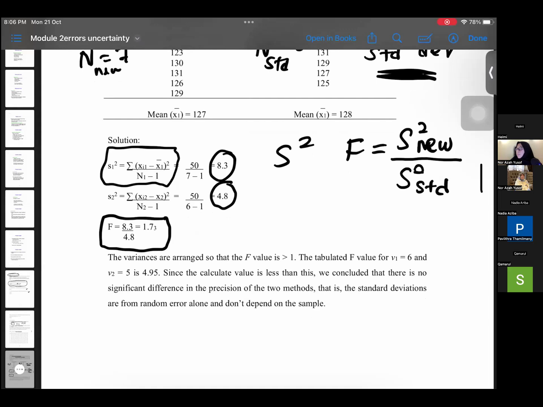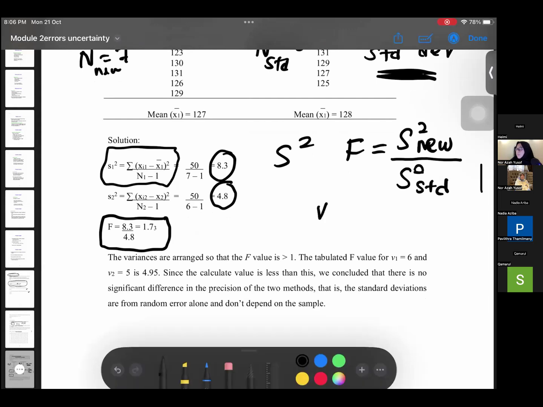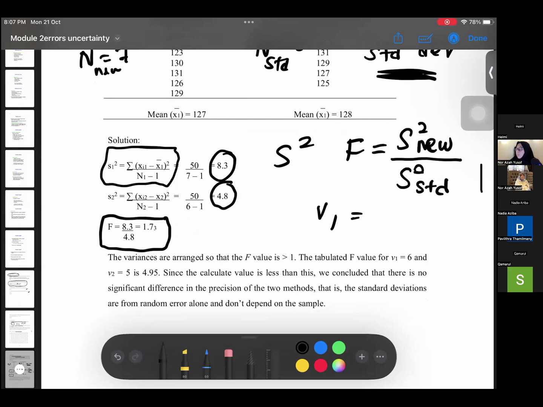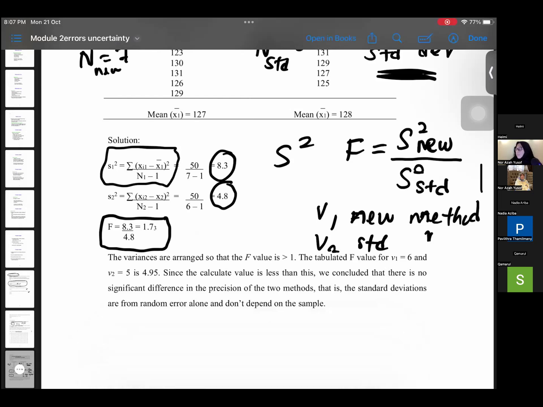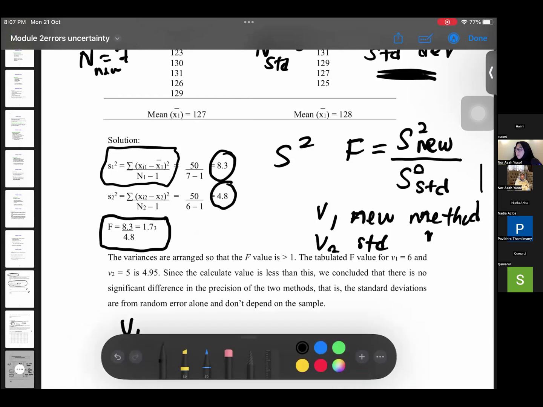So it means psi 1 is related to the new method, whereas psi 2 is the standard method. So it's degrees of freedom. What is degree of freedom? Psi 1 refers to the number of samples for the new method, which is 7 minus 1, so 6. Psi 2 is 6 minus 1, which is 5.